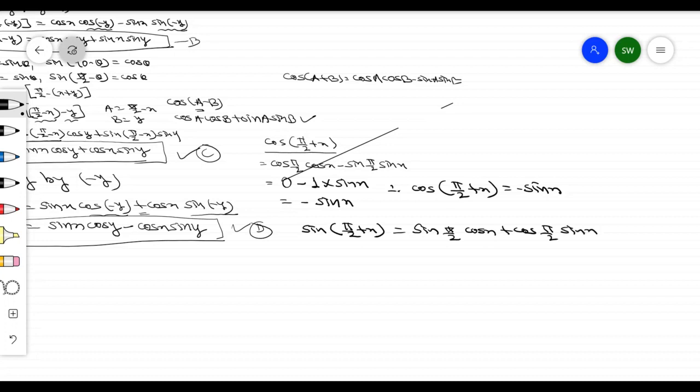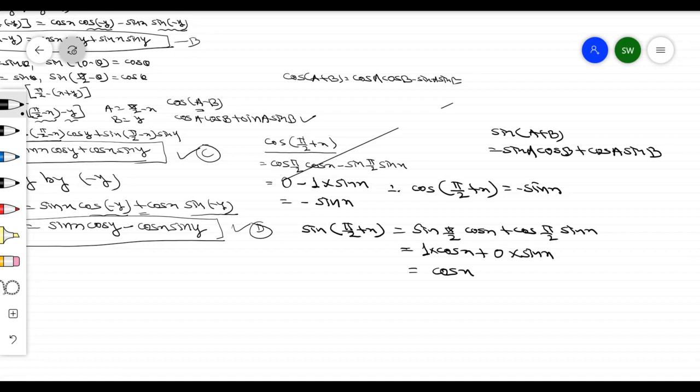Now sin pi by 2 is 1, so 1 into cos x, and cos pi by 2 is 0 into sin x, so it gives me cos x simply.